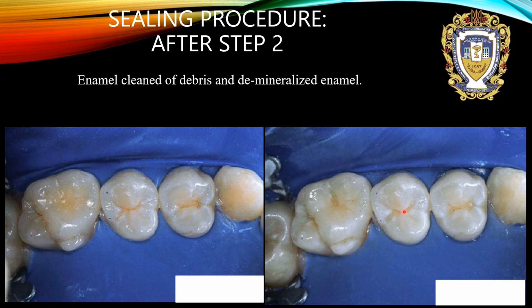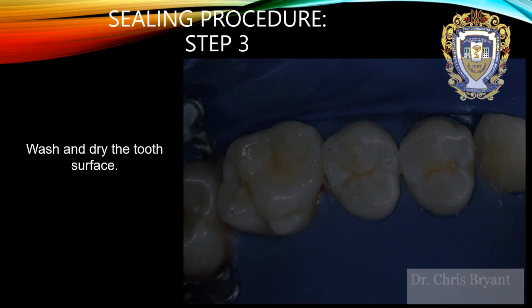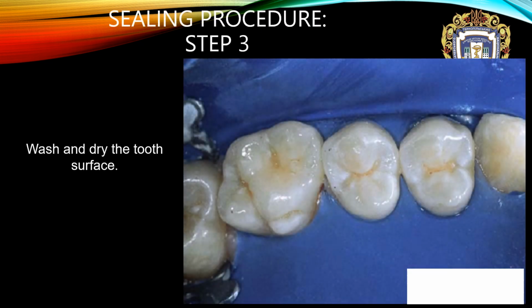There are clearly visible differences before and after the second step of the sealing procedure. Third step, you must wash and dry the tooth surface to eliminate pumice and or sodium bicarbonate.